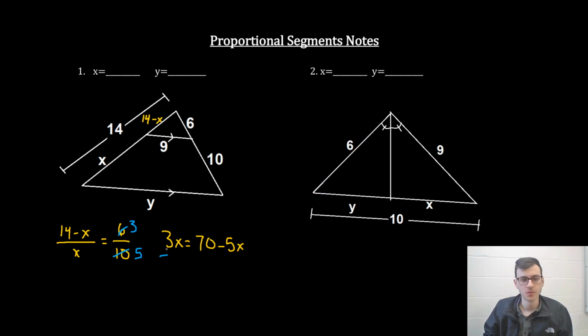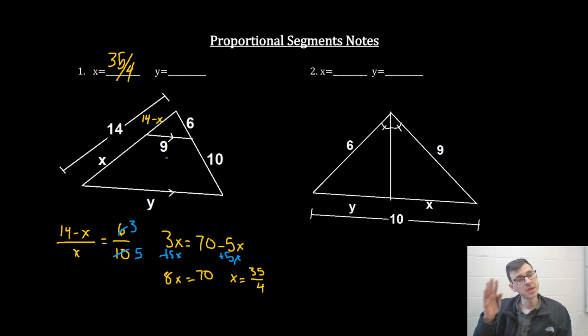Add 5x to both sides. 8x equals 70, so then x equals 35 over 4, right? 70 over 8 is 35 over 4. So that's x. Which is a weird number, but that's okay. Especially with proportions, sometimes we're going to get weird numbers.